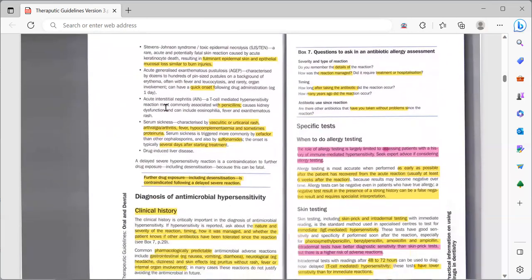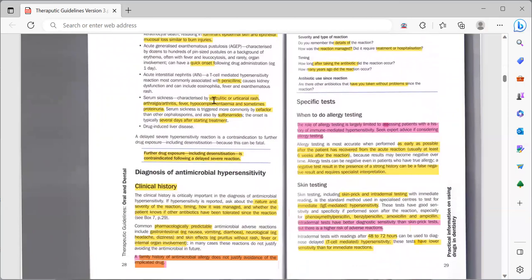Acute interstitial nephritis occurs mainly with penicillin, and it causes kidney dysfunction and eosinophilia, fever, and exanthematous rash. So for AIN, you can remember it happens with penicillin.